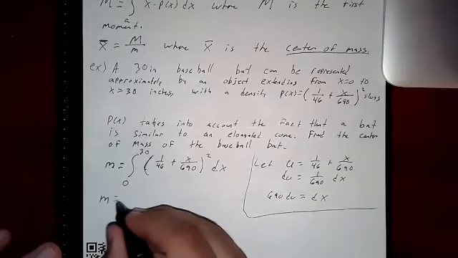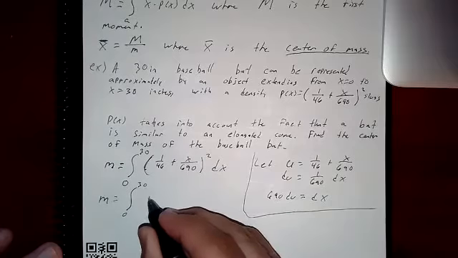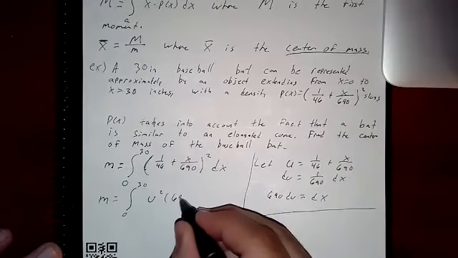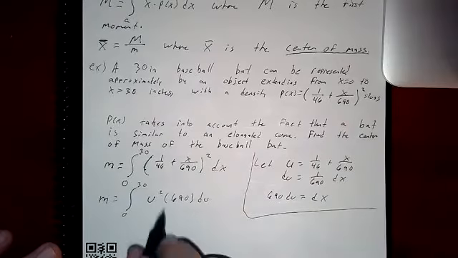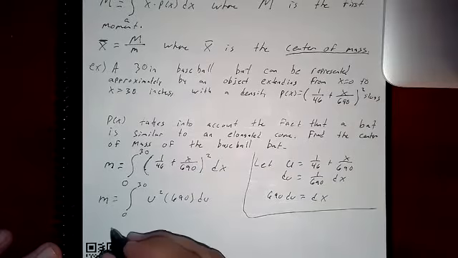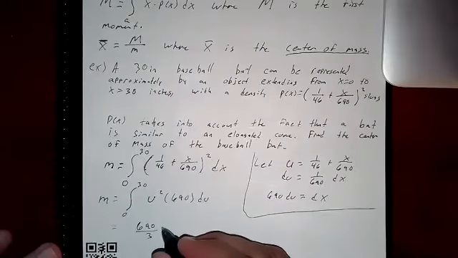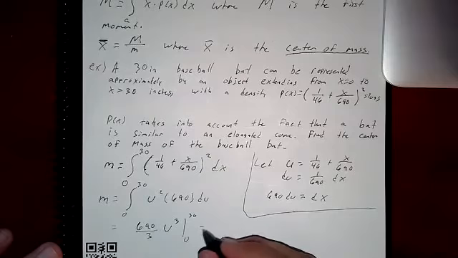So m would be equal to the integral from 0 to 30 of u squared times 690 du. I'm going to put that 690 outside and integrate u squared, which gives us 690 over 3 u cubed from 0 to 30, but I need to change it back to x.